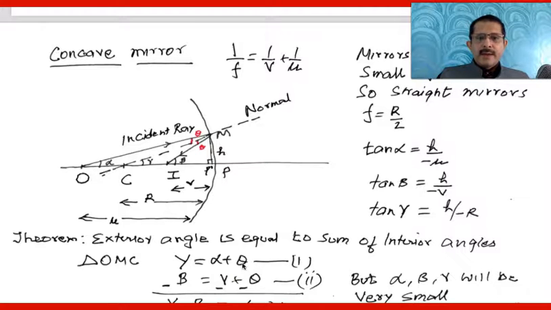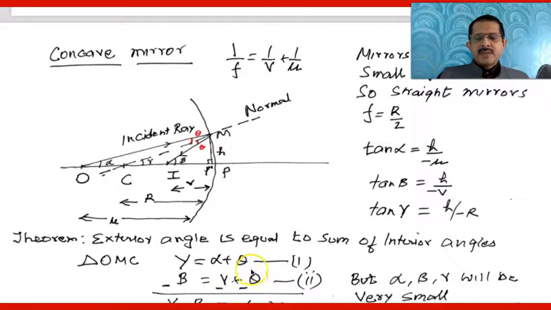Very good. Now we are going ahead and we are talking of the triangle ICM. Again I repeat, I, C and M. And the same thing, the exterior angle should be equal to the sum of interior angles. This is theta, this is gamma. So I can say beta is equal to gamma plus theta. And that's what I've written.